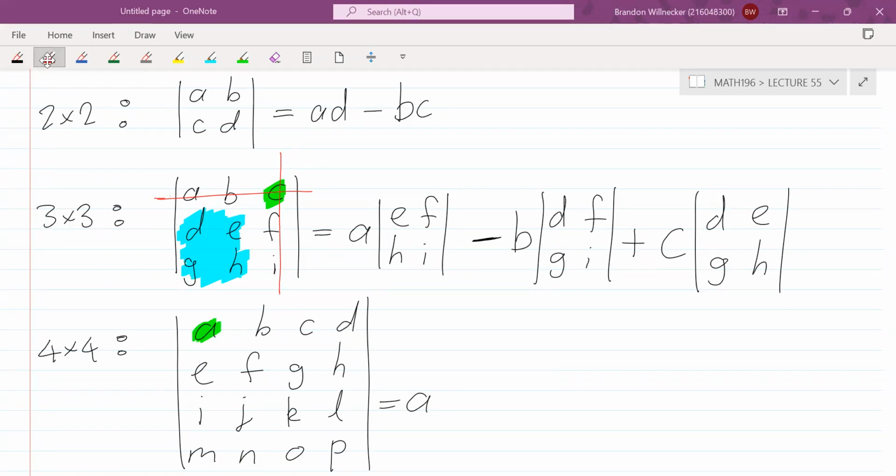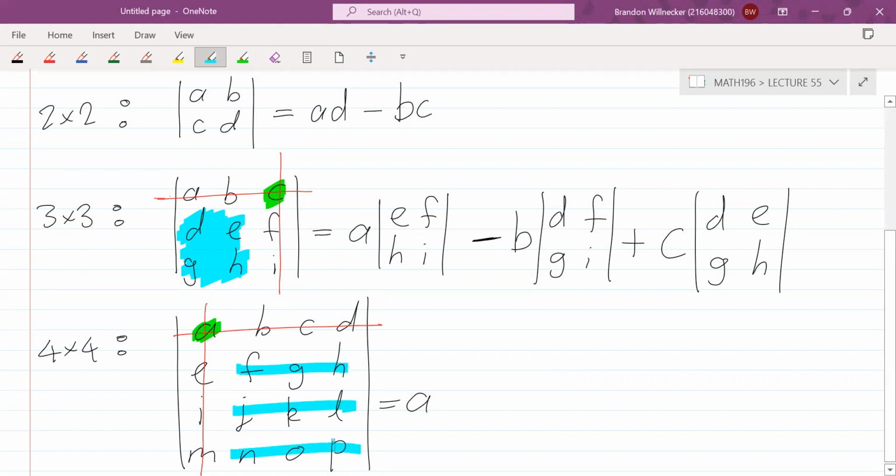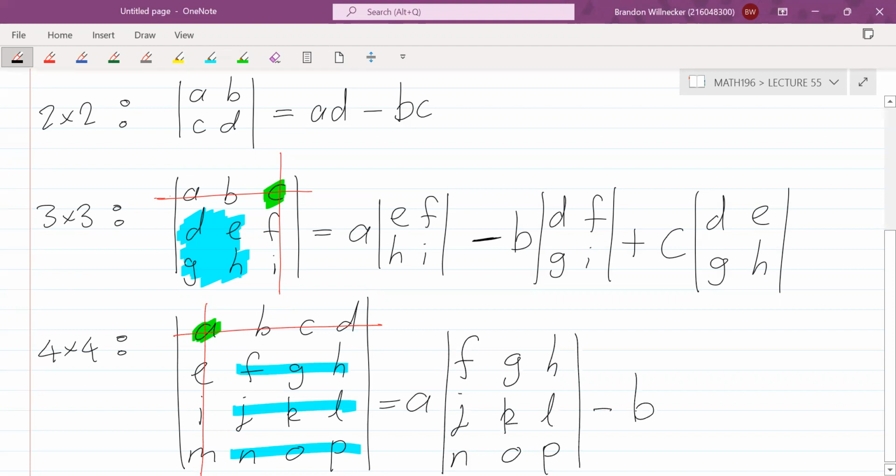We cross out the row containing A, the column containing A, and we look at the leftover matrix. So it's going to be A times the determinant of F, G, H, J, K, L, N, O, P. Then we have minus B and so on.